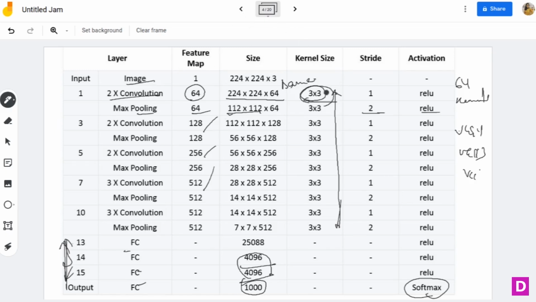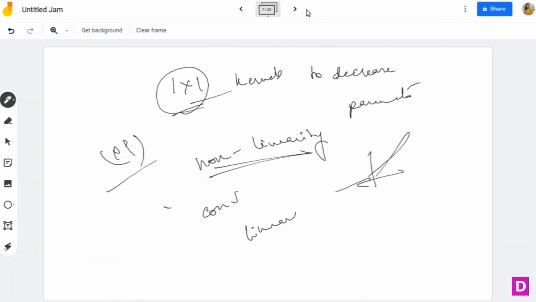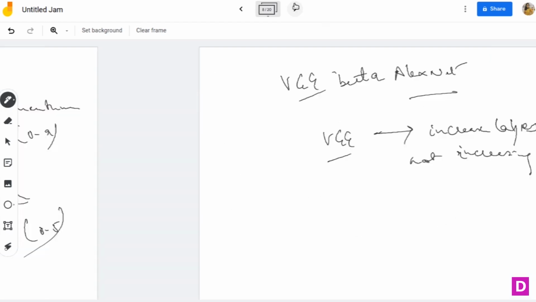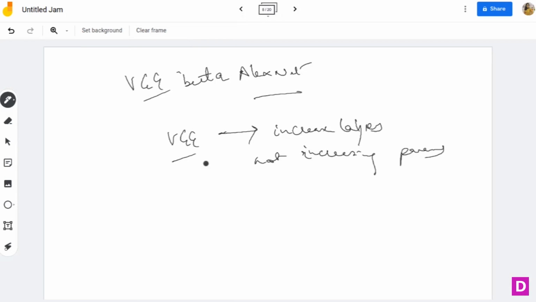Here they found out a very good technique. They used small kernels instead of bigger kernels, and they found out how these small kernels were very close and gave very accurate results, but at the same time they reduced the number of parameters that were required to train. And finally, the weights were initialized normally and the weights lied between 0 and 0.01.